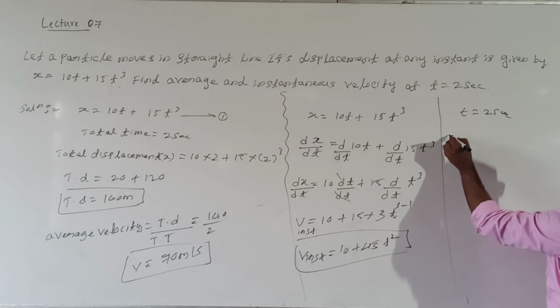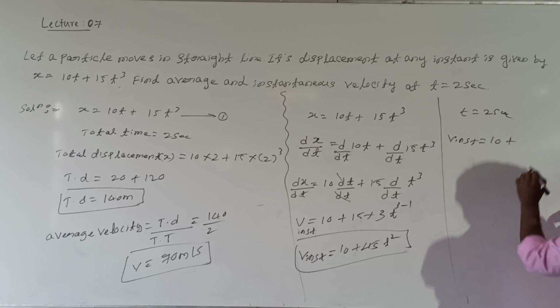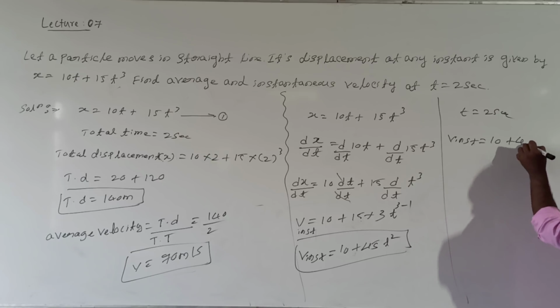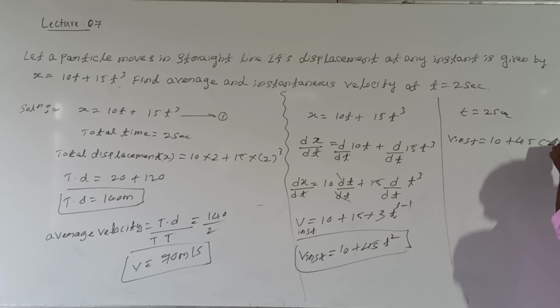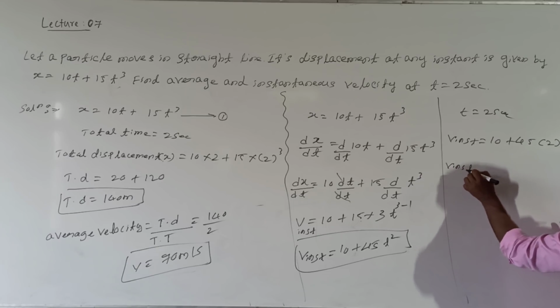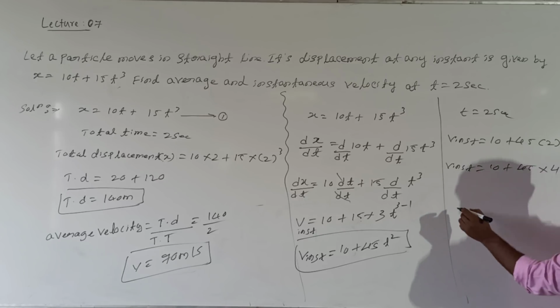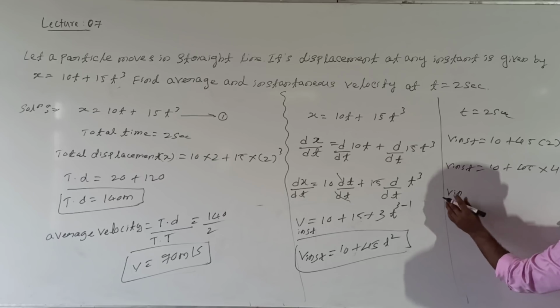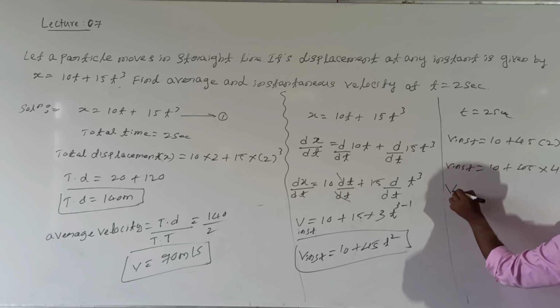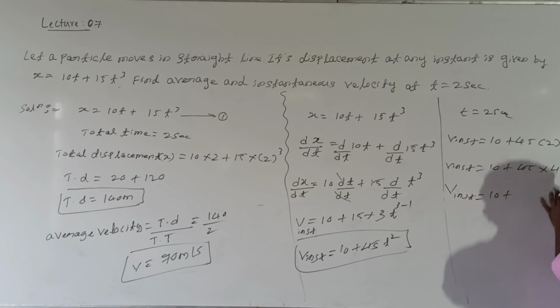How will this become? V instantaneous equal to 10 plus 45, keep it the same, t replaced by 2 square. V instantaneous 10 plus 45 into 4, right? Then V instantaneous equal to 10 plus 45 into 4, that is 180.